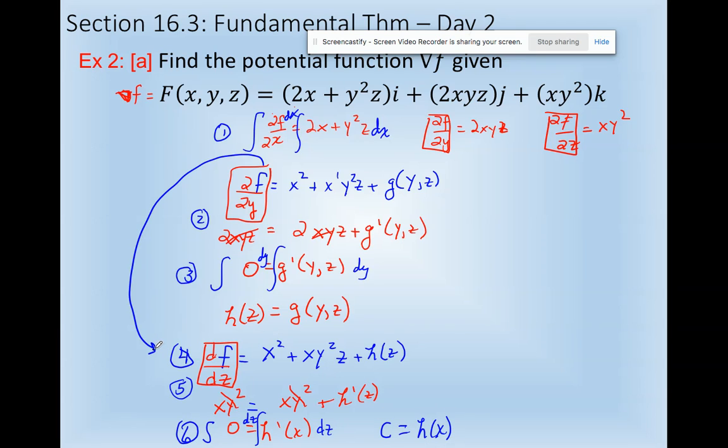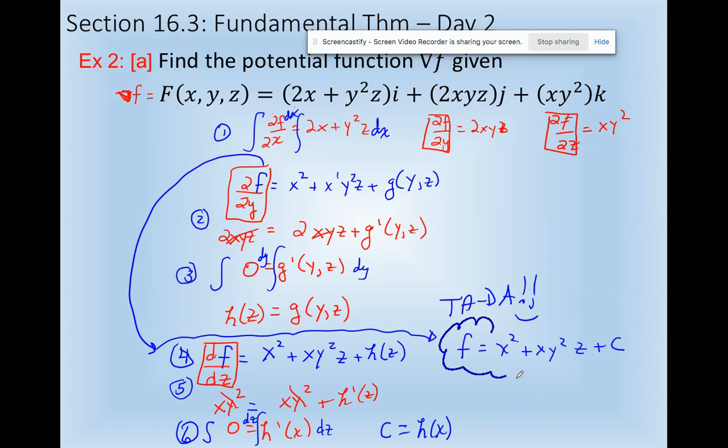Now you're going to take this f over here. Ta-da! What is f? F is x squared plus xy squared z plus c.